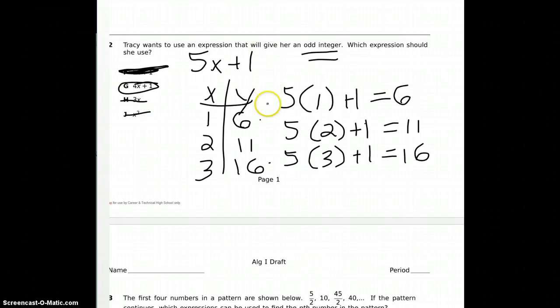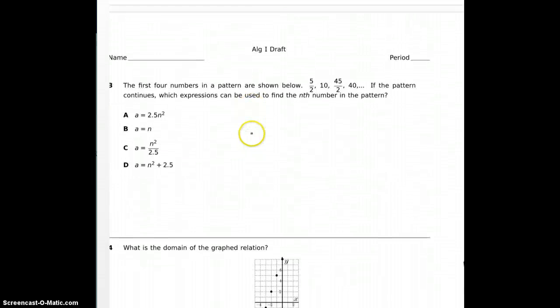Okay, I'm going to go to problem number 3. The first 4 numbers in a pattern are shown below: 5 halves, 10, 45 halves, 40, etc. If the pattern continues, which expression can be used to find the nth number in the pattern?